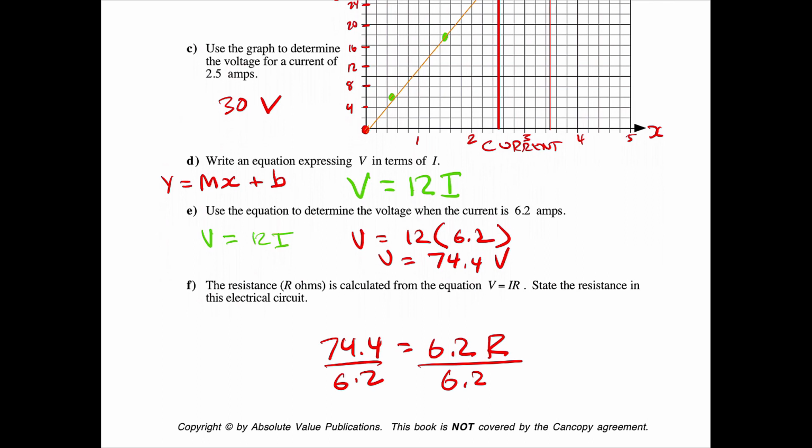So if I divide that by 6.2, I should get these canceling, and we're going to get R equals 12 ohms.